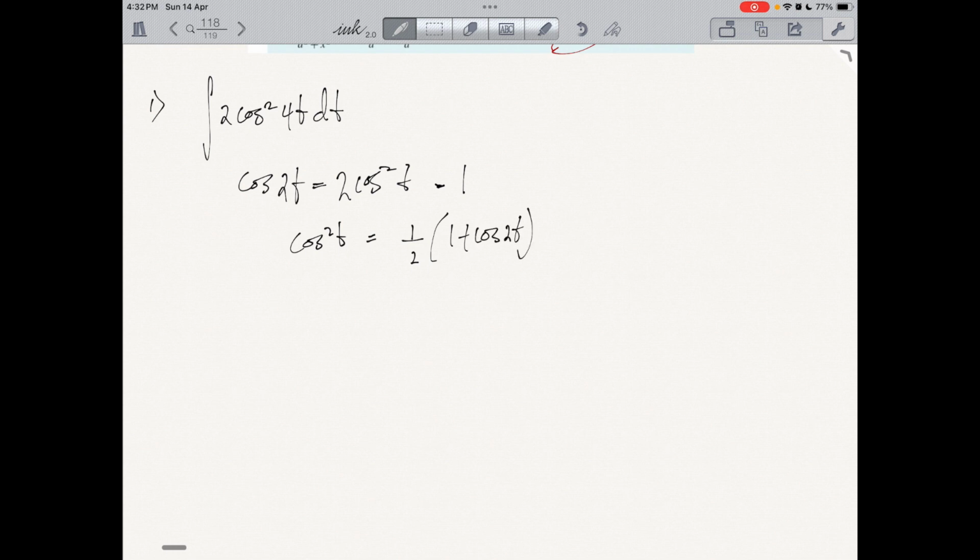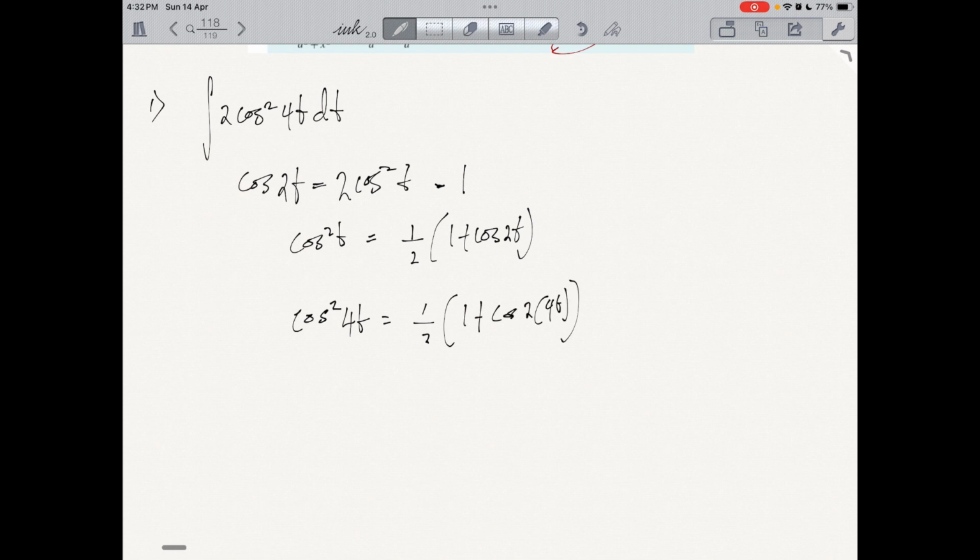Now, the question says we should integrate cos square 4t. Therefore, wherever we see t, we will substitute 4t. So that's 1 over 2 into 1 plus cos 2 times 4t.